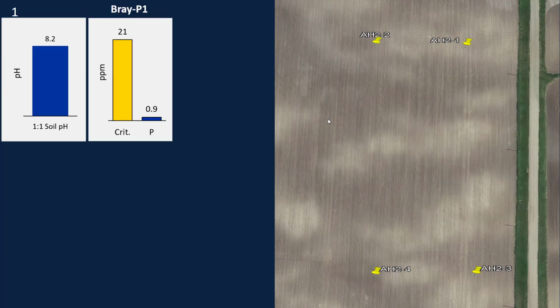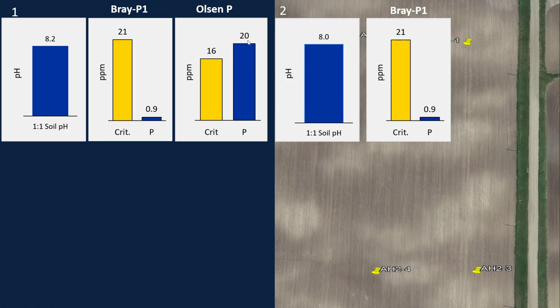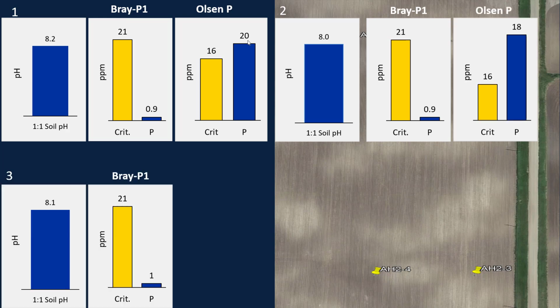So if we look at this Bray phosphorus of 0.9 right here, pH of 8.2, this is our first spot in the field. And then we look at our Olsen phosphorus as 20, so you can see the sizable difference between these. In high pH soils, Olsen phosphorus is able to extract the phosphorus from the soil much better than the Bray test. So second spot, 0.9, Olsen phosphorus 18.